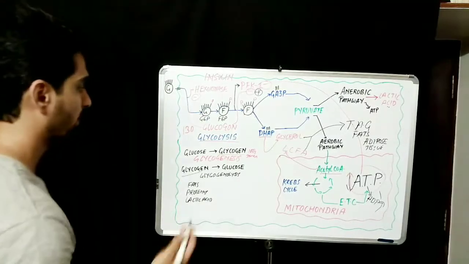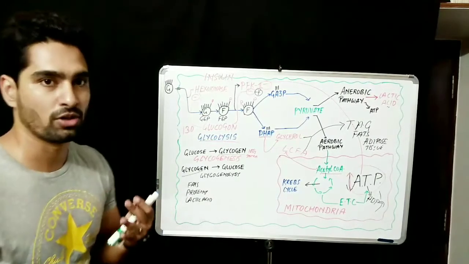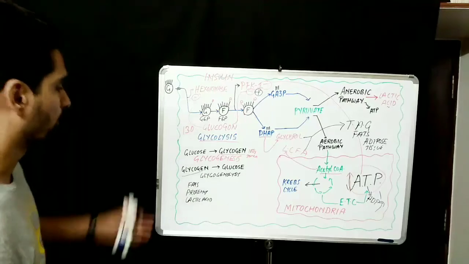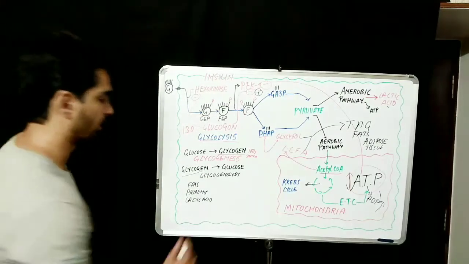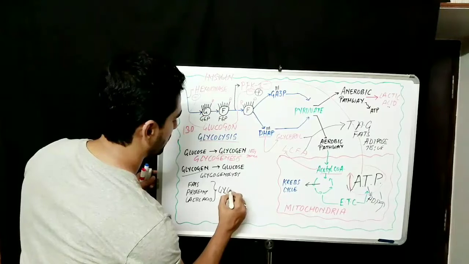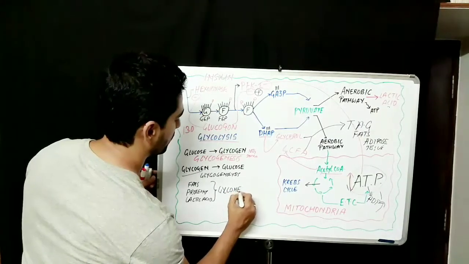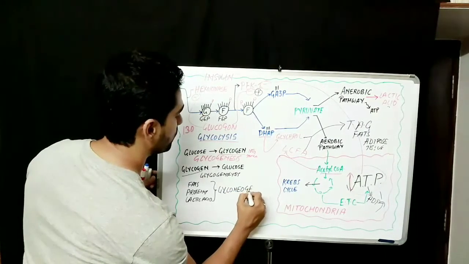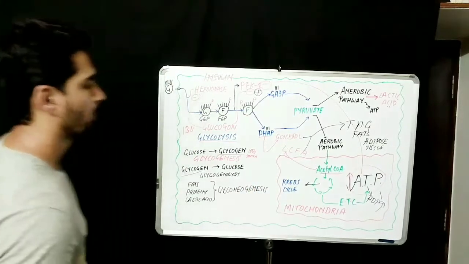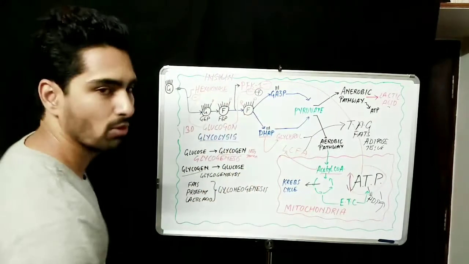You see, your body can make glucose enough for your brain to function properly from glycogen, from fats, from proteins, from lactic acid. This process is called gluconeogenesis. That is, making new glucose. So this is all about your glucose.